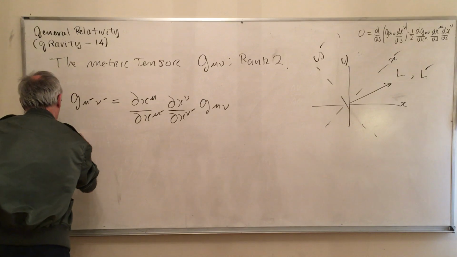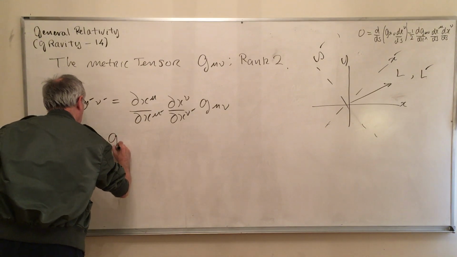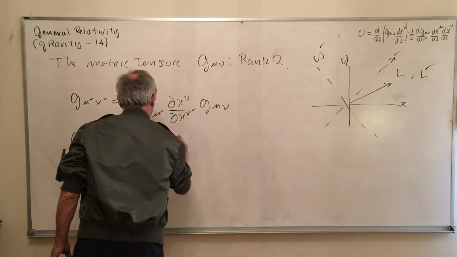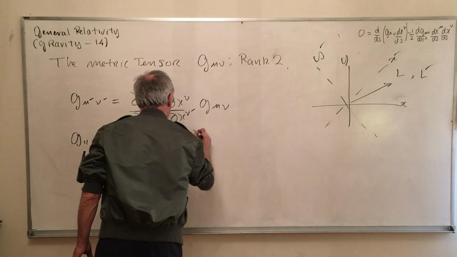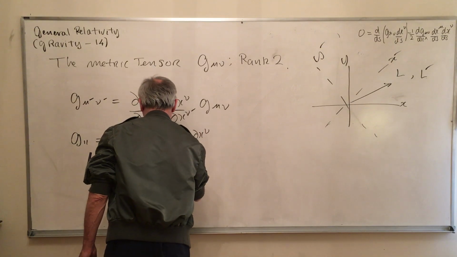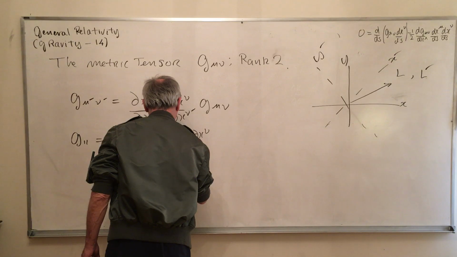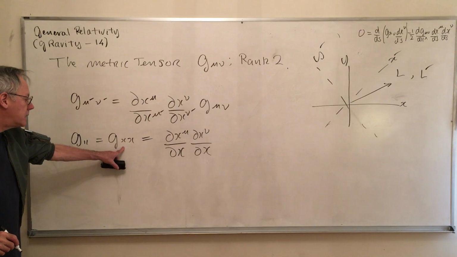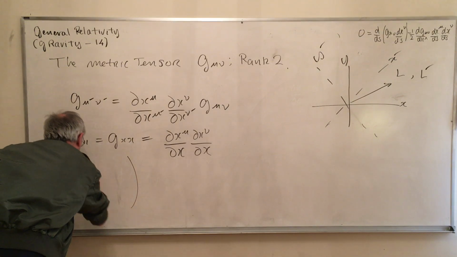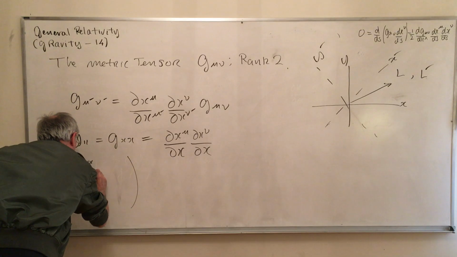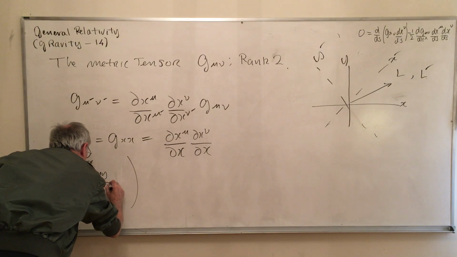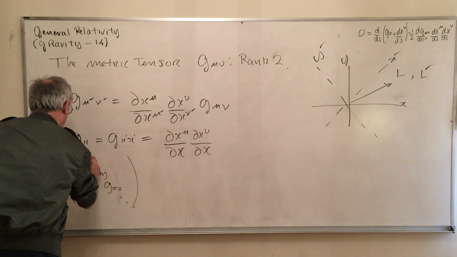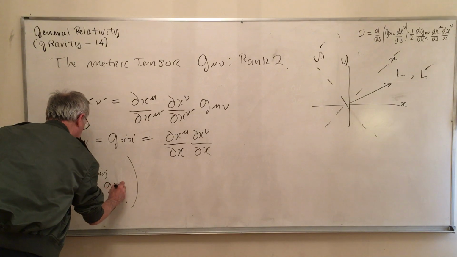So the G11, let's say Gxx, or just the Gxx tensor. And it's a dashed one. It's a transformed one.